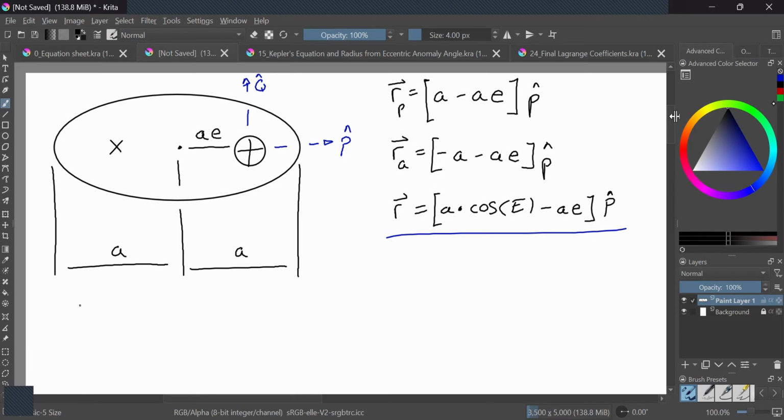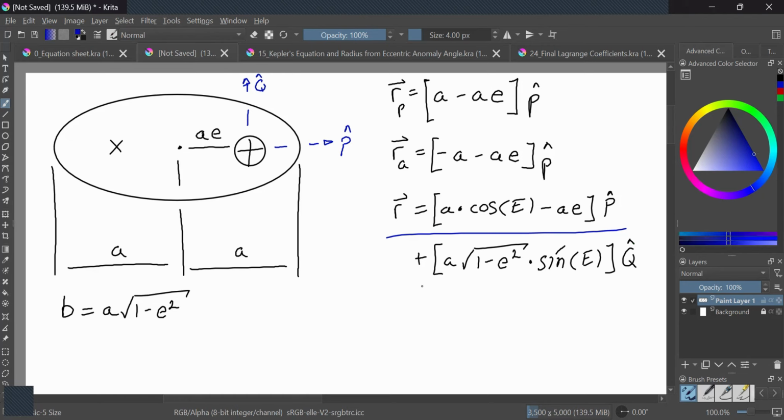So we know that the greatest distance here is going to be the semi-minor axis, which is a times the square root of 1 minus e squared. That is then going to make our r vector in the q direction a times the square root of 1 minus e squared times the sine of the eccentric anomaly angle.